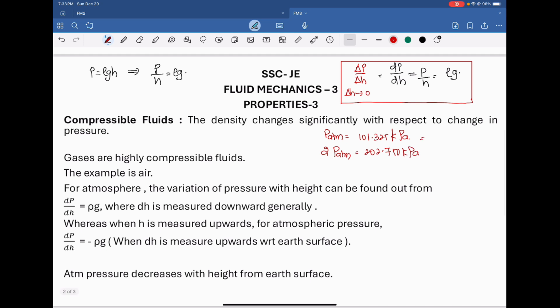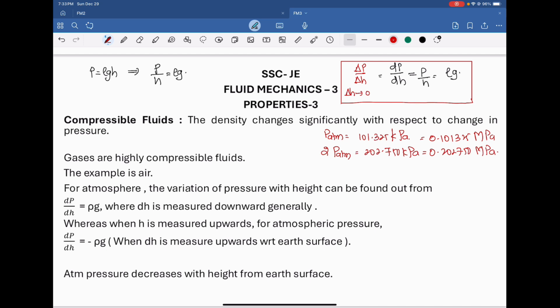This is equal to 0.101325 MPa, and this can be 0.202750 MPa.